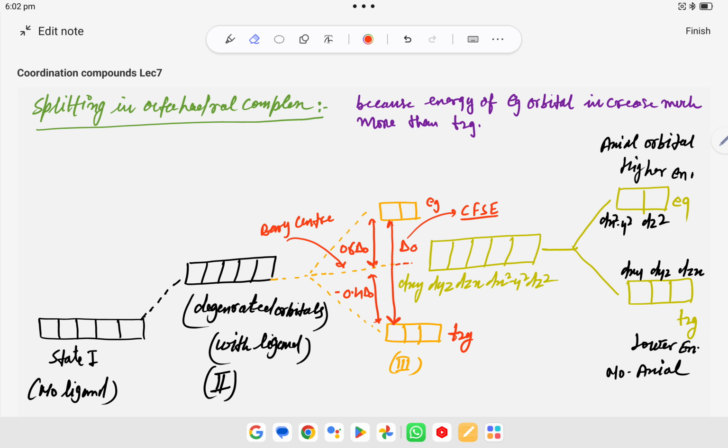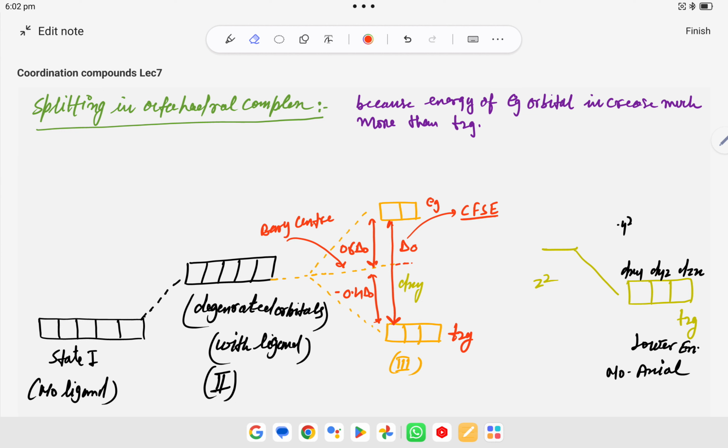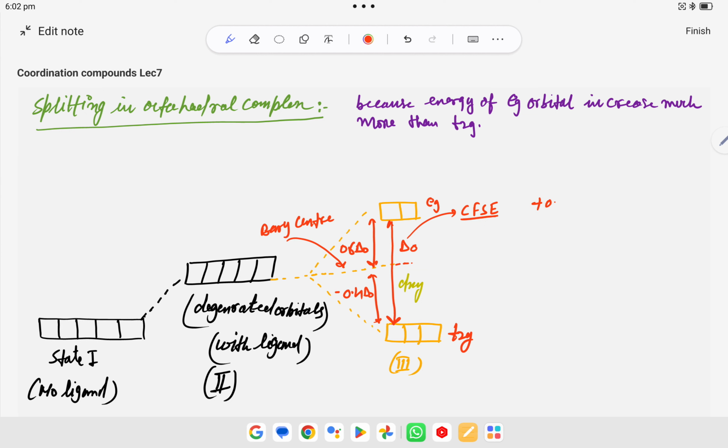You can count it. Here two orbitals, so plus 0.6 into 2, value is 1.2 delta naught. Here minus 0.4 into 3 orbitals, then minus 1.2 delta naught.